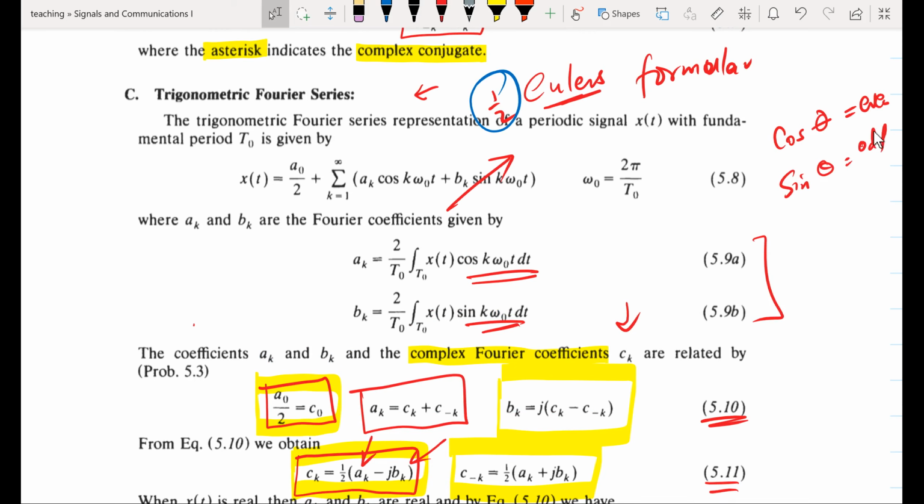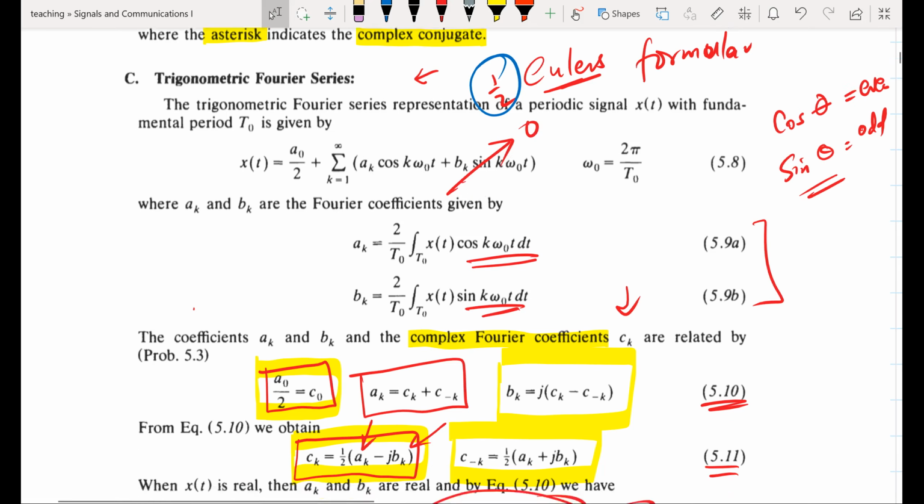Therefore, since our function x(t) is even, we are going to drop this term, and we are only going to be left with the cosine term, which is even.